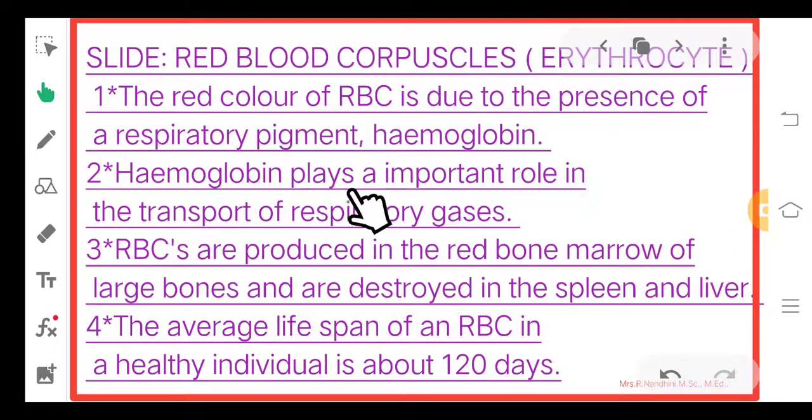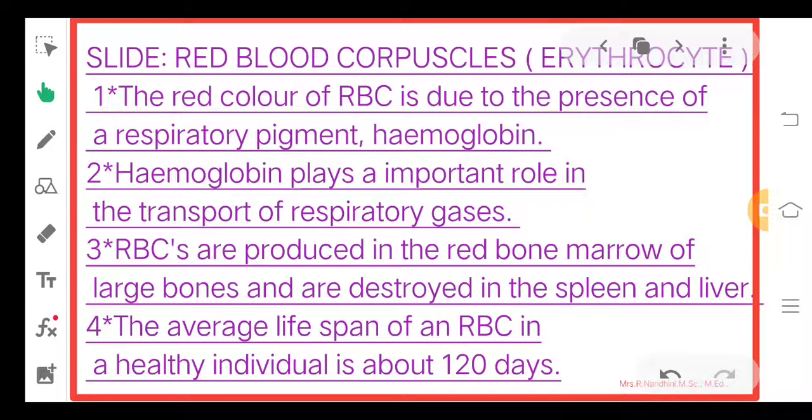Hemoglobin plays an important role in the transport of respiratory gases. Important role in the transport of respiratory gases.